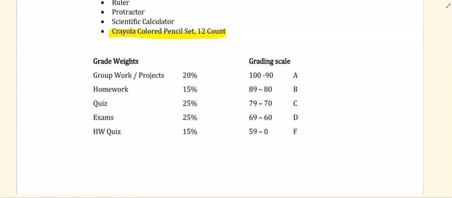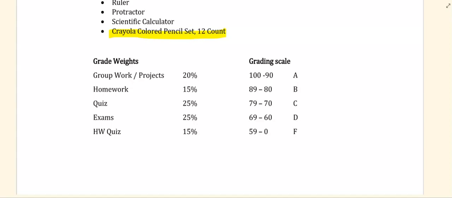I'm trying to build those muscles up. I'm trying to establish the expectations now. This could be a super year for you, but I have to be honest and let you know what the expectations are. If you follow these, you're going to realize you're going to get a deeper understanding of the material.